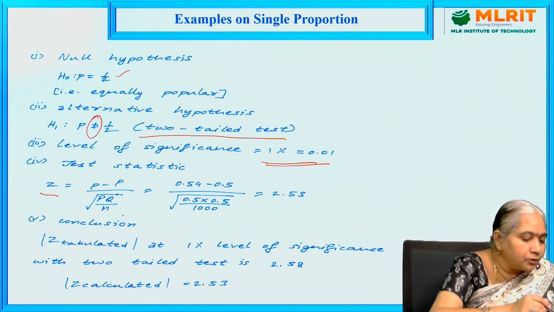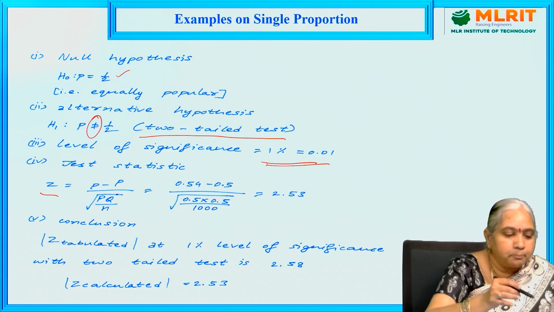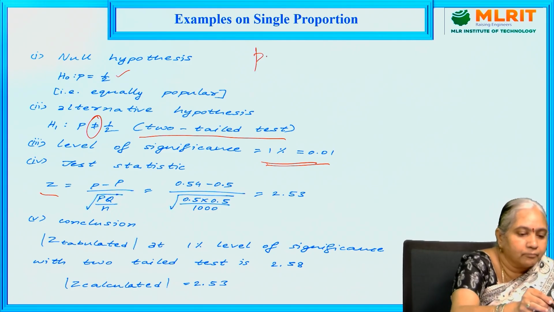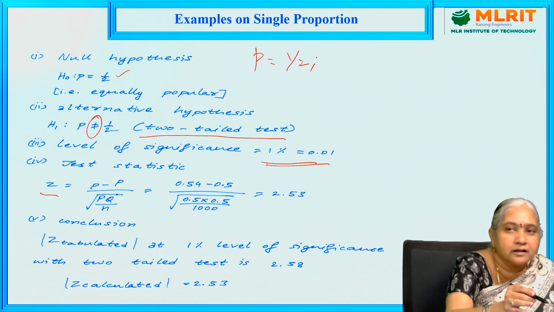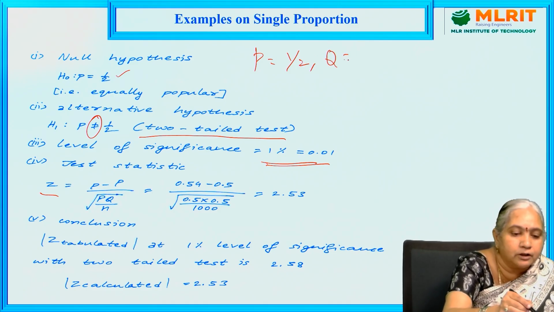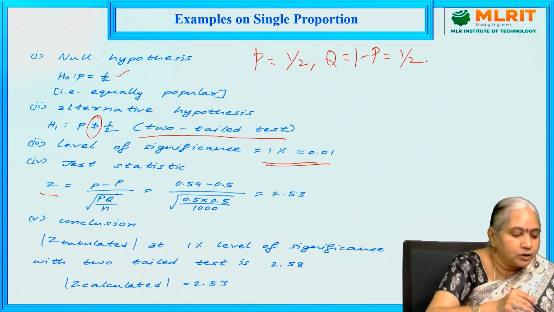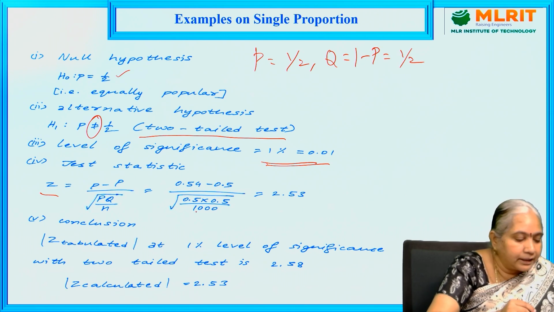Here P equal to 1 by 2, rice eaters are 50% and wheat eaters also 50%, that is his claim. So capital Q equal to 1 minus P, that is also 1 by 2. So PQ by N, where N is the size of the sample.